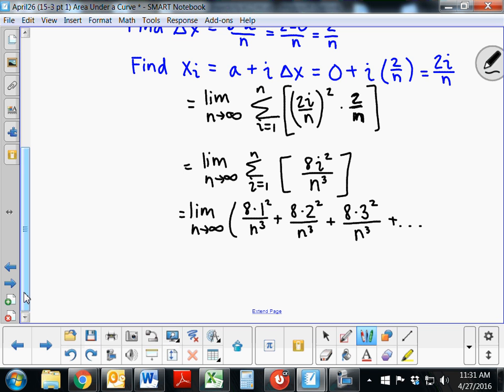What do you see in here happening over and over again? You're going to keep going until you plug in n. What pieces happen every single time? So the n cubed part on the bottom? Yep. What else happens all the time?